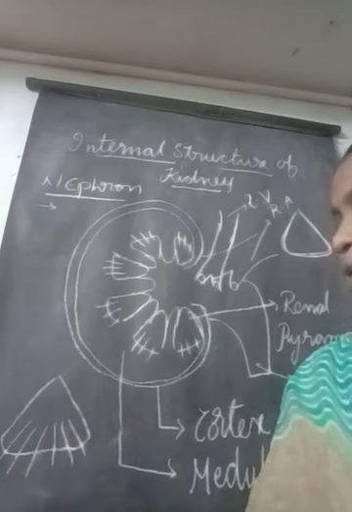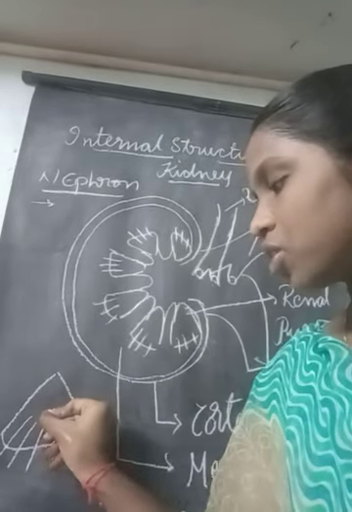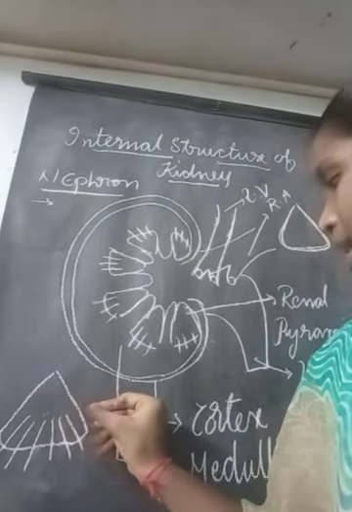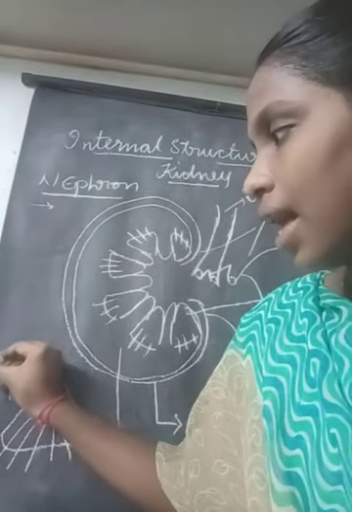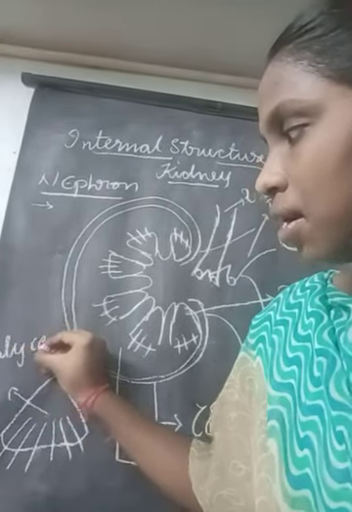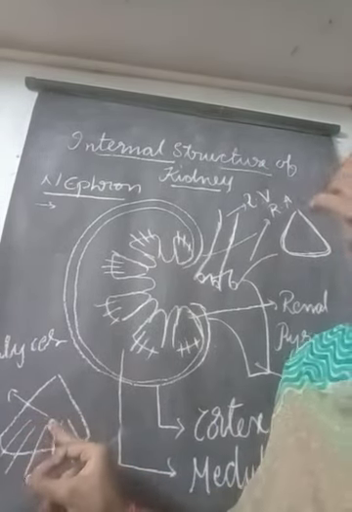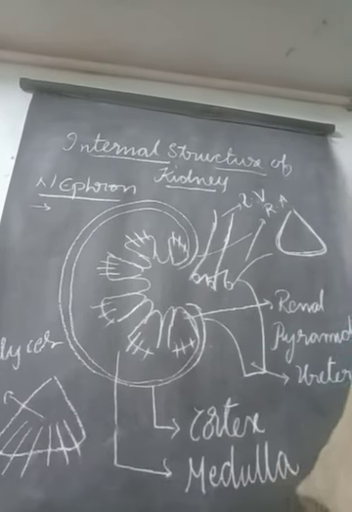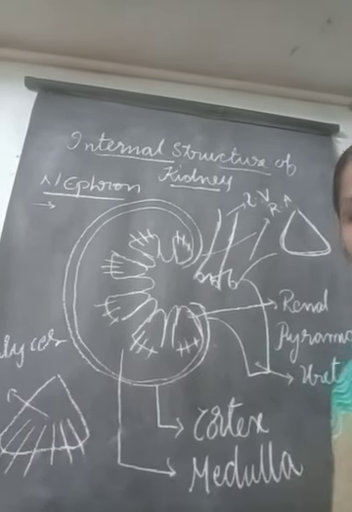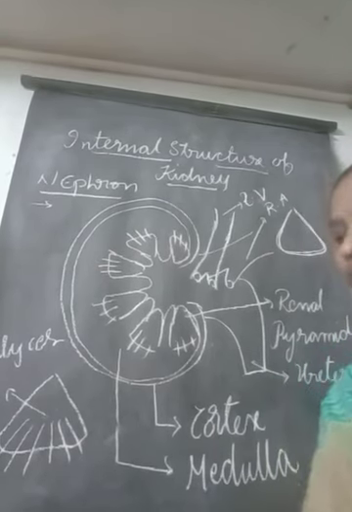And all these tubules meet at a particular portion of the renal pyramid. That part is called calyces. Where you are writing, we can't see the word. Listen to it.